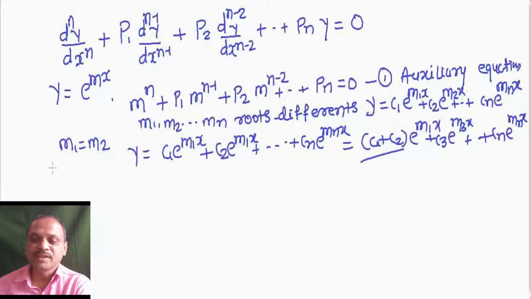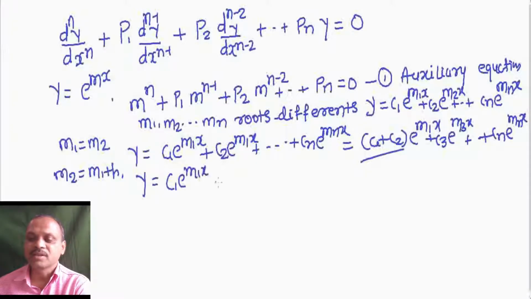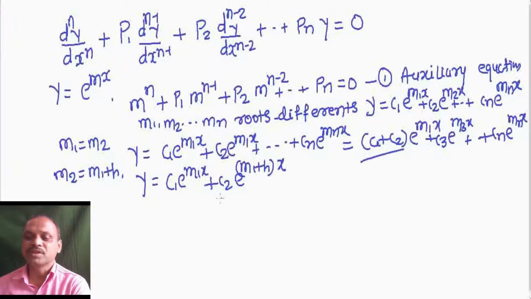Suppose we consider that m2 equals m1 plus h, where h tends to 0, so m2 tends to m1. Now consider this part of the solution, y = c1 e^(m1x) + c2 e^((m1+h)x).